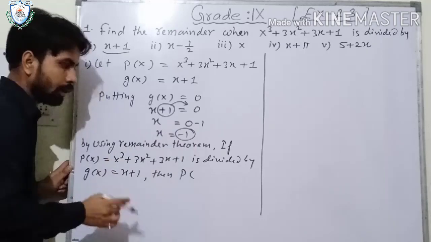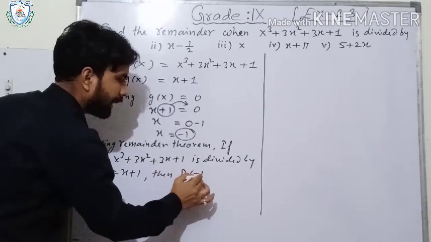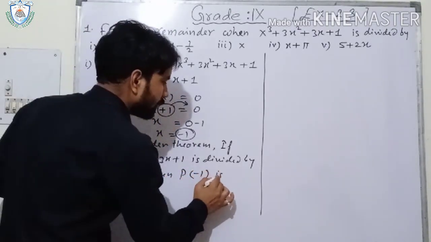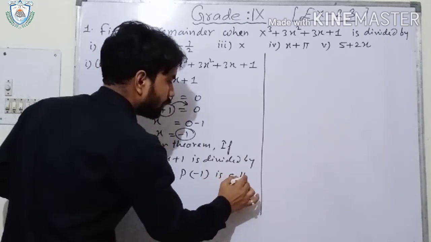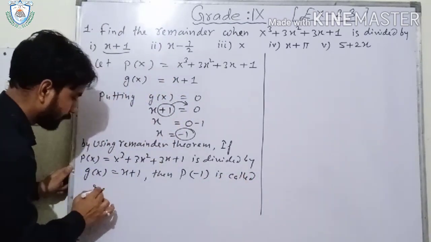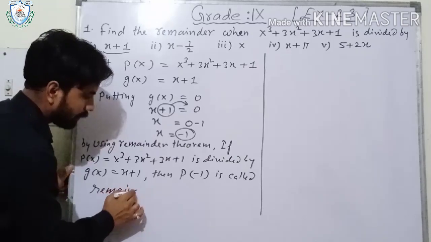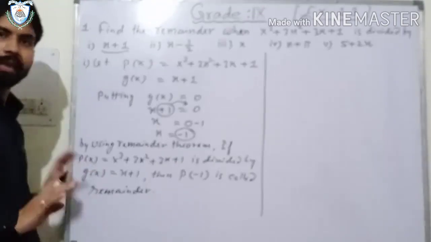That is minus 1. So p of minus 1 is called the remainder. Is it clear?